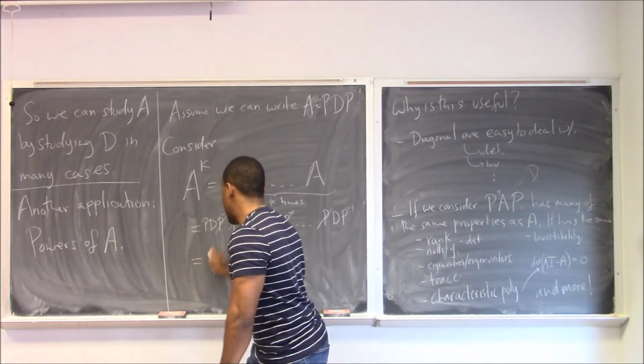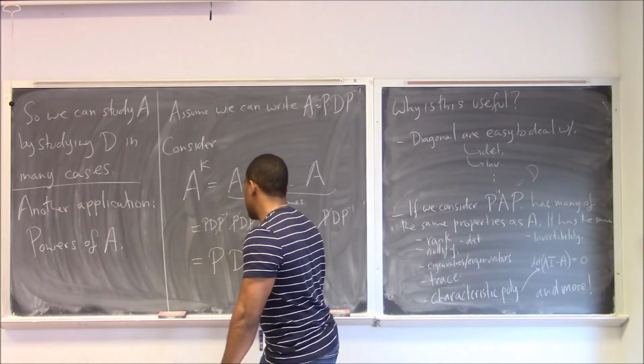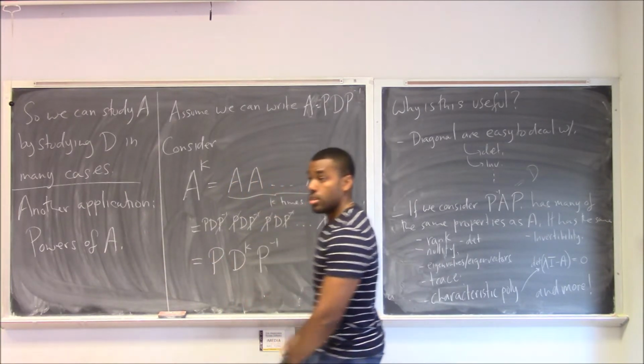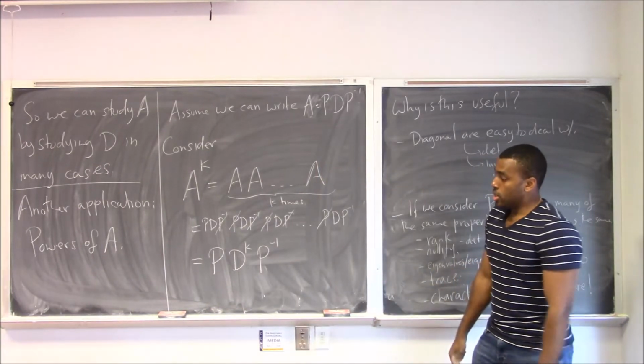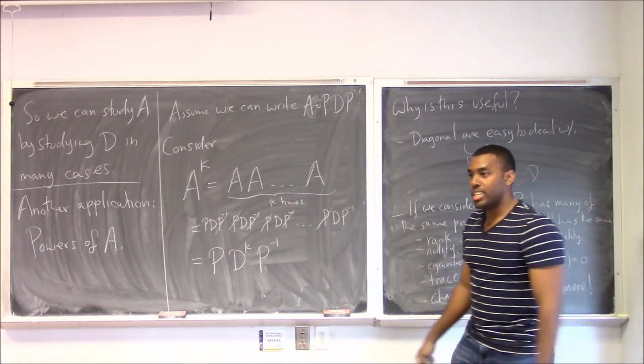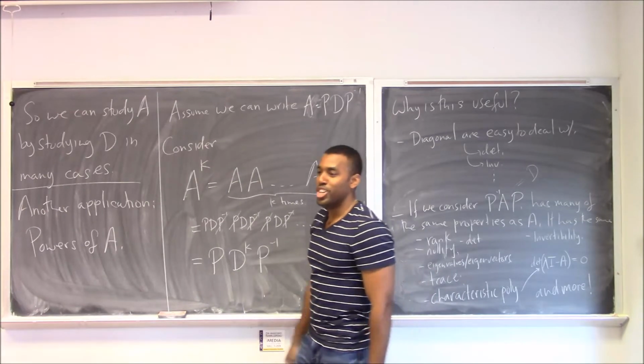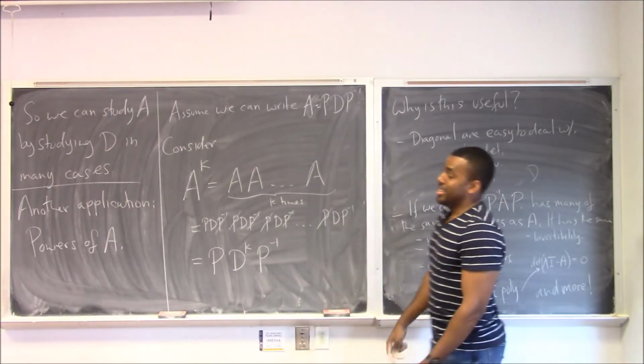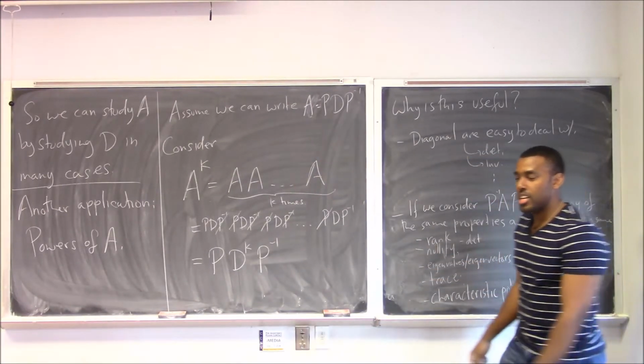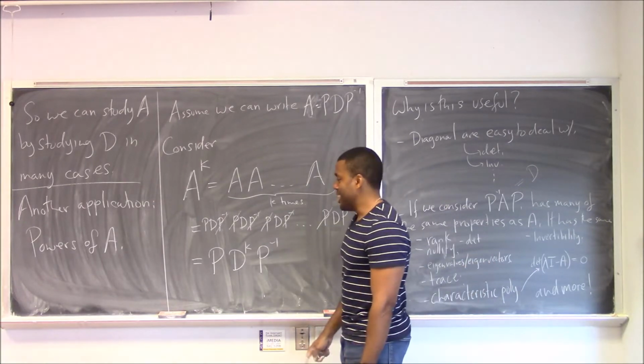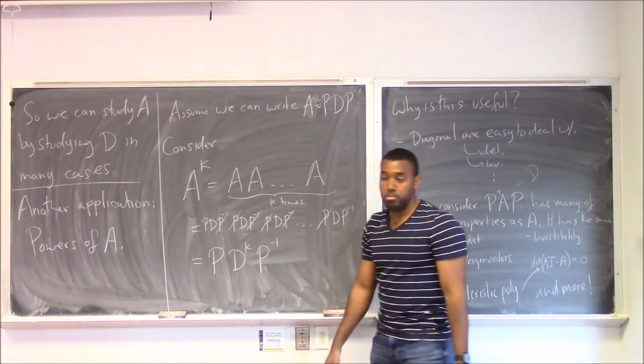And I would end up having P times D to the K, P inverse. So I can give you a 2 by 2 matrix and say, find A raised to the 100th power. Now you could multiply the matrix by itself 100 times, or you can just multiply these 3 matrices together.